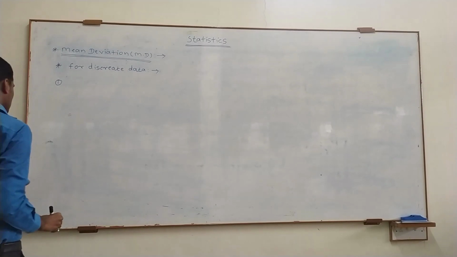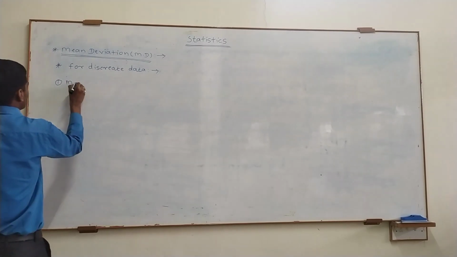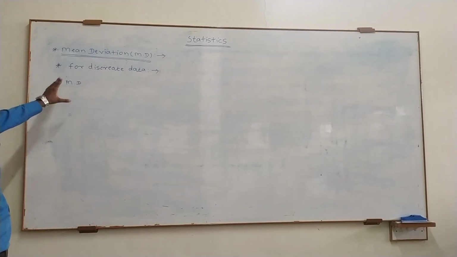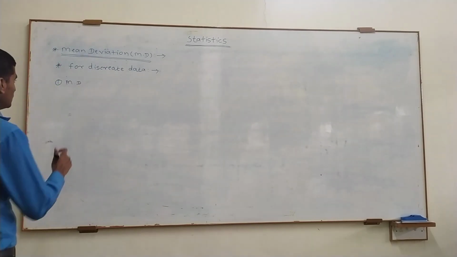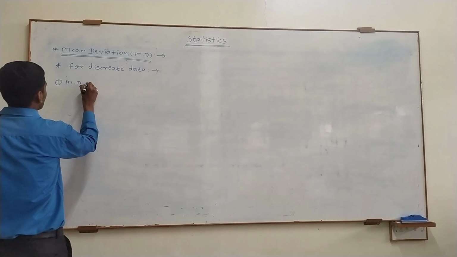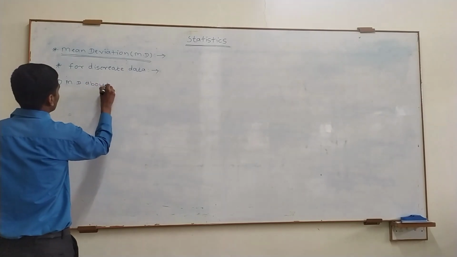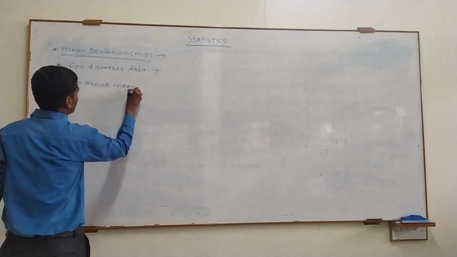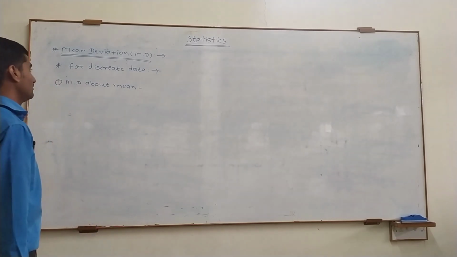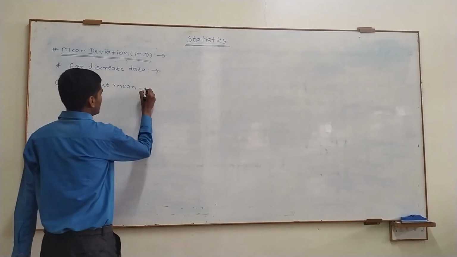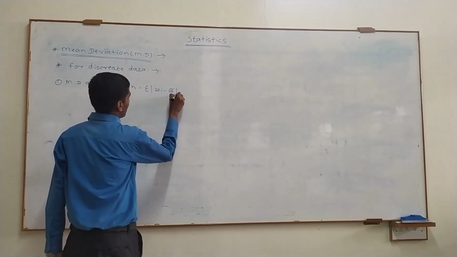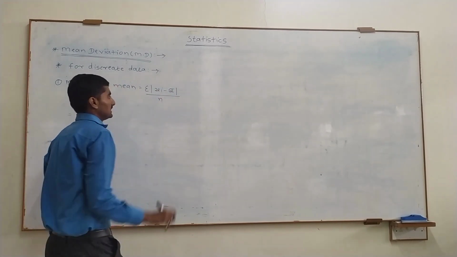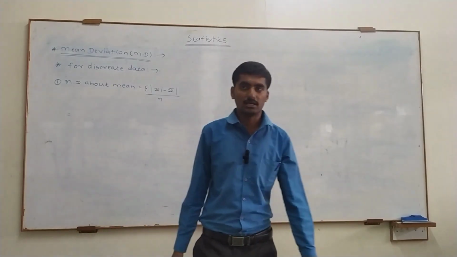The first formula is mean deviation, in short MD. Mean deviation about mean is equal to the summation of mod of xi minus x bar, divided by n.